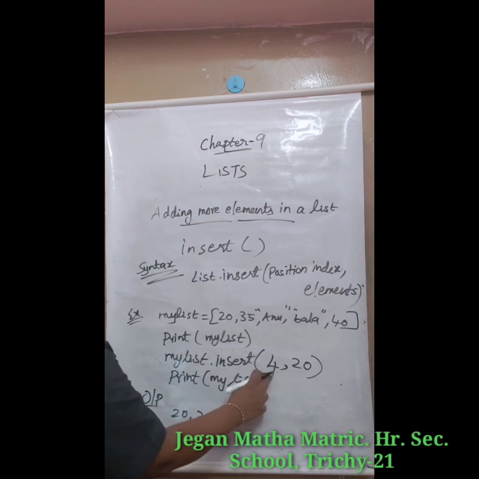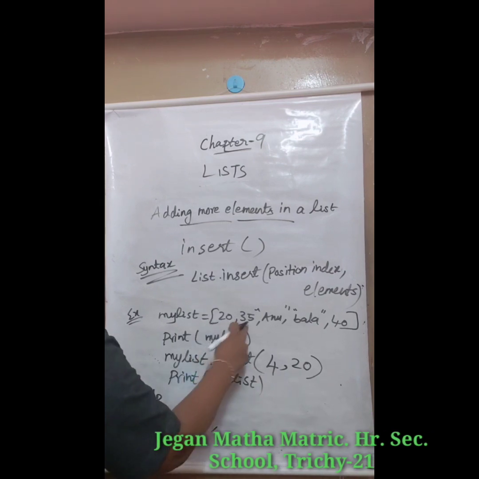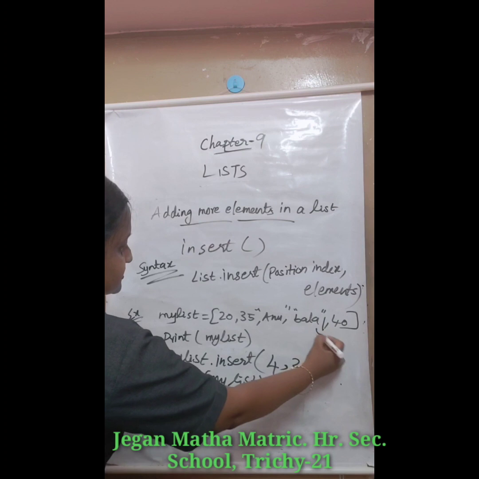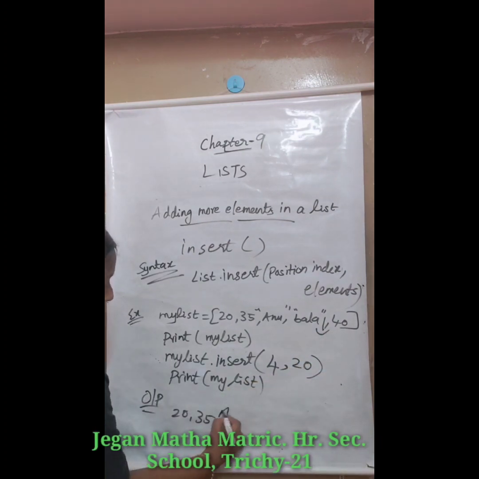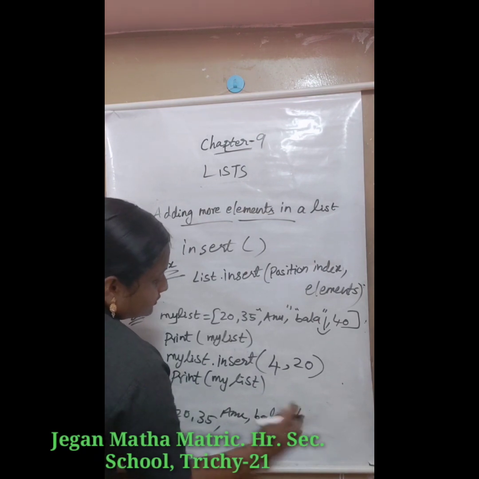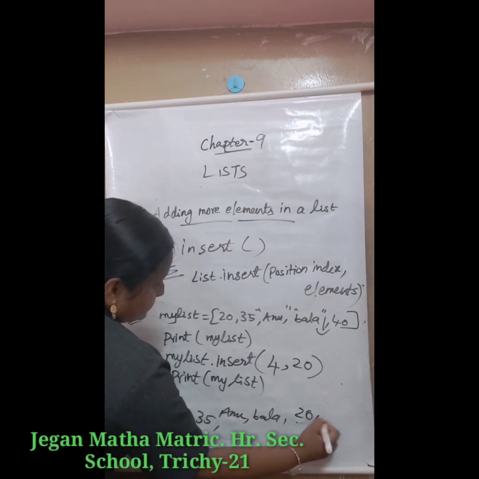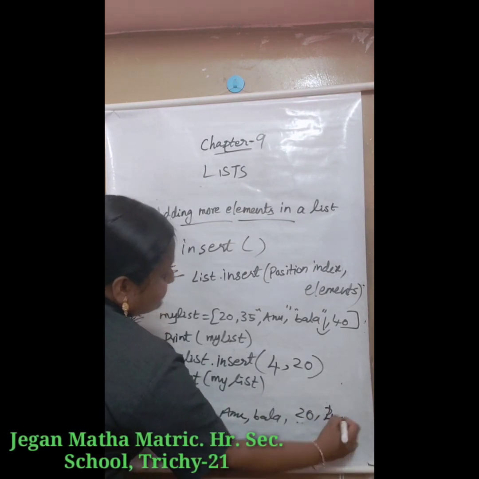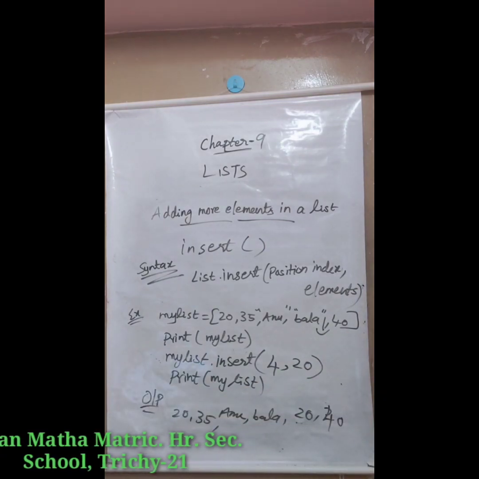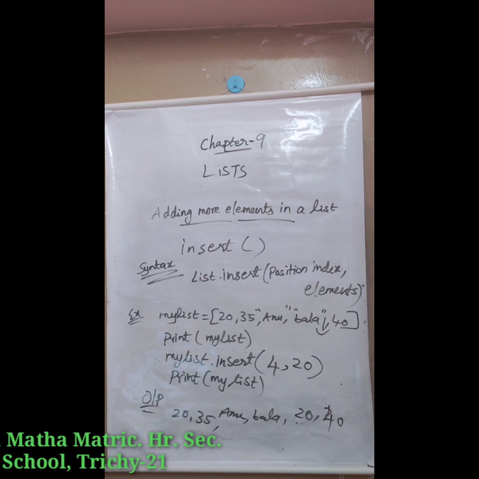So I said the fourth position, that is 0, 1, 2, 3. So here we add Anu, Bala, then 20, and the last value is 40. So this is the example to add an element at any desired, required position.